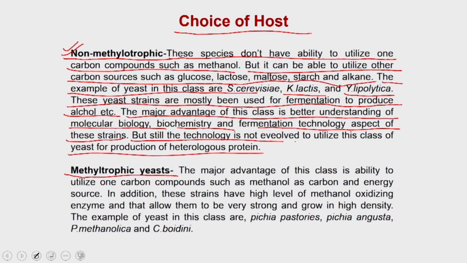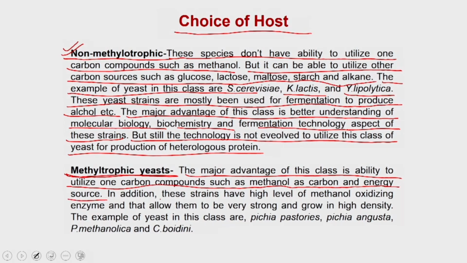So, these strains are not being utilized for production of heterologous proteins. Now, methylotrophic yeast, as the name suggests, are yeast strains using methanol as a one carbon source. So, these strains have the advantage that they can utilize one carbon compounds such as methanol as a carbon and energy source.